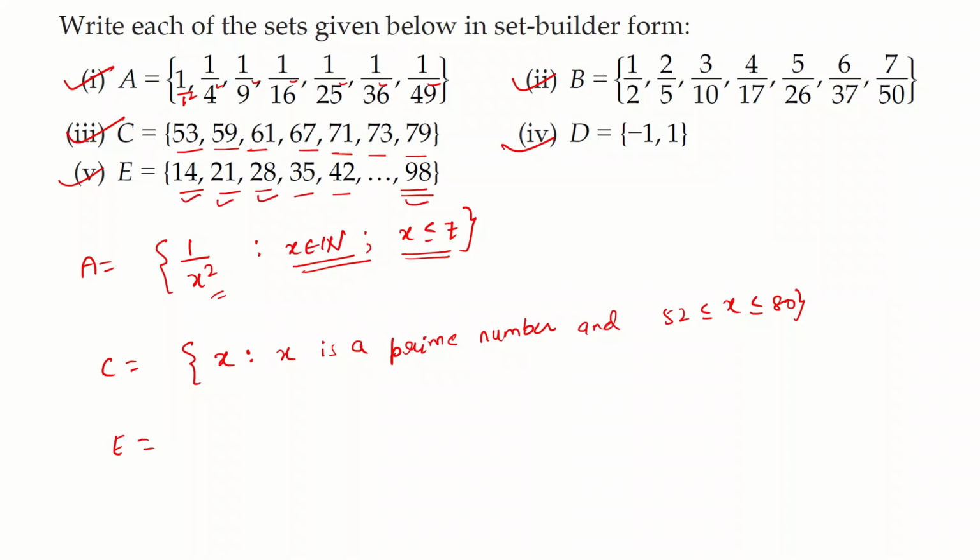So we'll write our set as 7 times x's, where x belongs to natural numbers and x goes from 2 to 14, because if you put x equal to 2 it will give you 14, if you put 3 it will give you 21, and all the way if you put x equal to 14, so 2 less than or equal to x less than or equal to 14. When you put x equal to 14, you'll be getting your final number 98. So this is how we define our set in the set builder form.